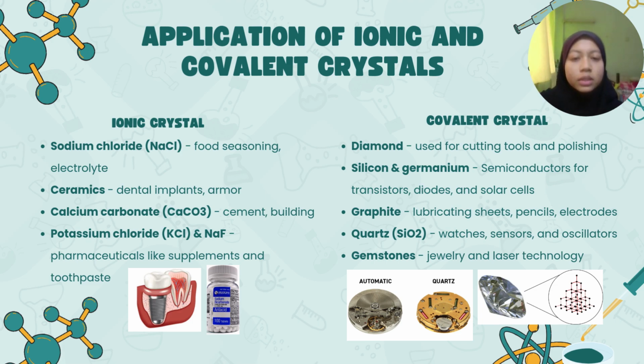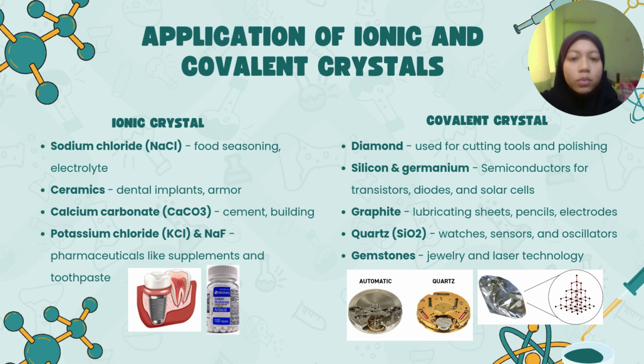For covalent crystals, we have diamond that is used for cutting tools and polishes. In this picture, we have the crystal structure, and diamond is extremely hard due to its strong three-dimensional covalent bonds, making it very hard and resistant to scratching and deformation over time.